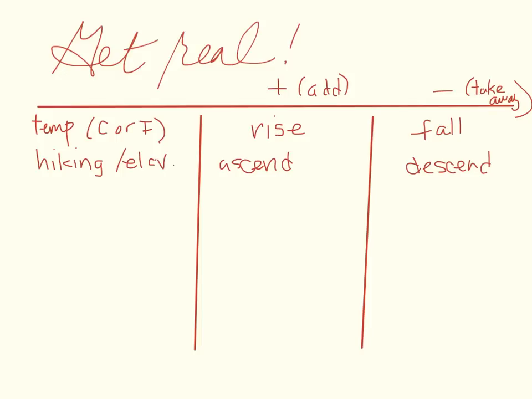Then, when you've done that, I want you to draw 2 number lines. And I'd like you to, on page 250, do number 2 and number 4 at the very bottom of the page.